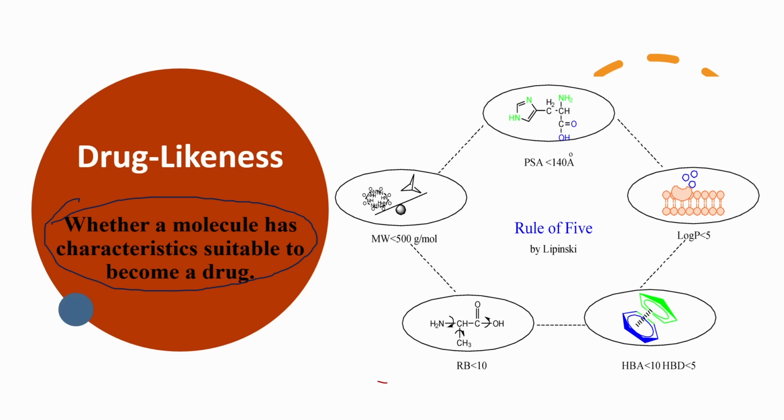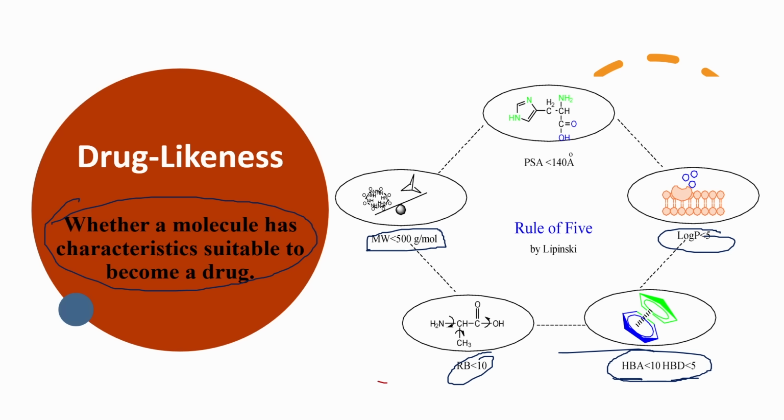The first point is the molecular weight should be less than or equal to 500 per mole. The number of rotatable bonds should be less than 10. Then the third one, hydrogen bond donor should be less than 5, and the hydrogen bond acceptor should be less than 10. The log P value should be less than 5.